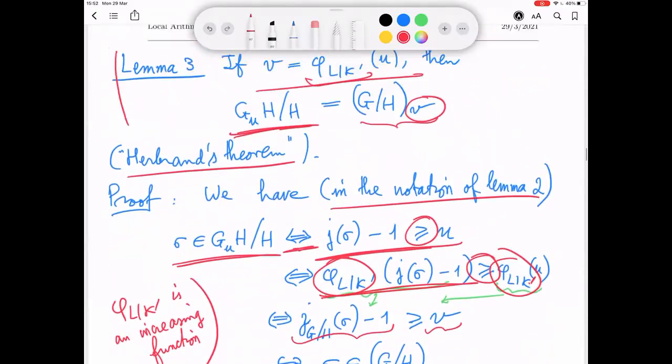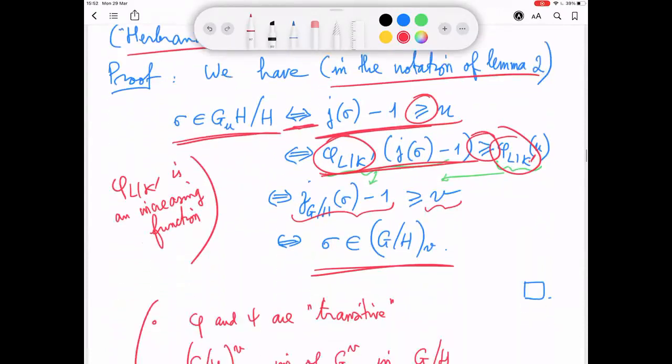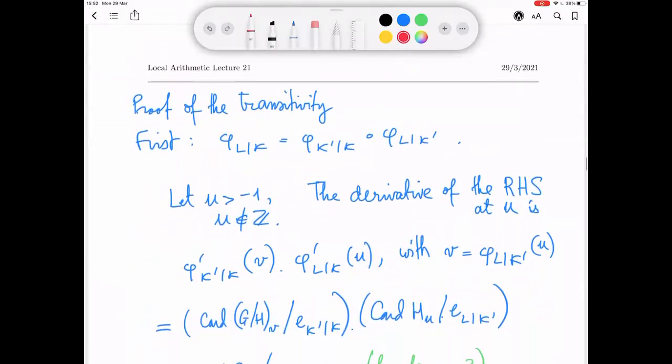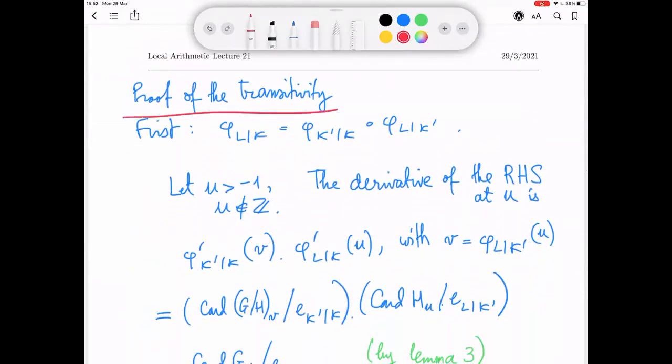Those things are easy to remember, and these are the things which we will use later. In the course of the proof, we are having to use these somewhat technical lemmas, which are a matter of verification. So now let's come to the proof of the transitivity for phi.